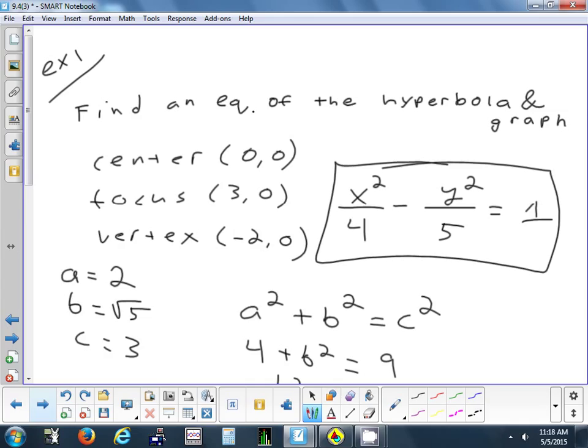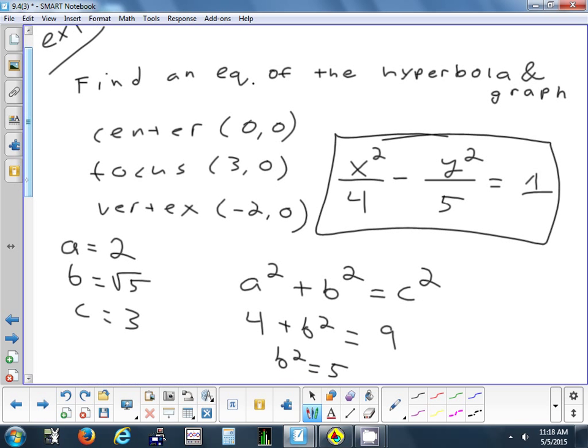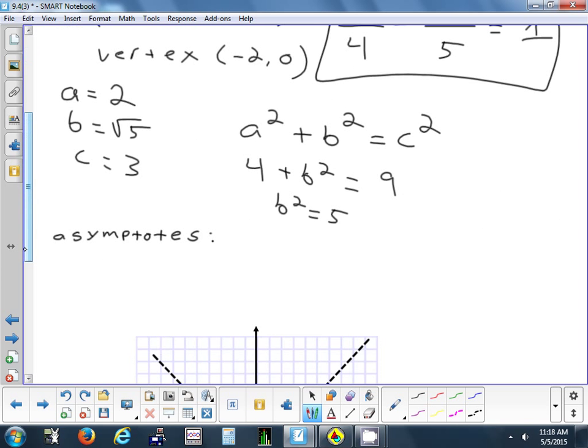Okay, so whichever letter comes first, that's the direction of your transverse axis. It has nothing to do with which number is bigger anymore. That was for an ellipse. Okay, so there's your equation. Any question on the equation? Okay, last thing I need, if I'm going to graph it, is I need my asymptotes. Okay, what was the slope of the asymptotes? Was it B over A or A over B?